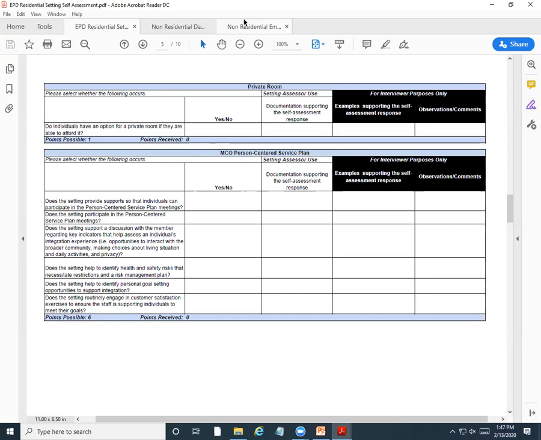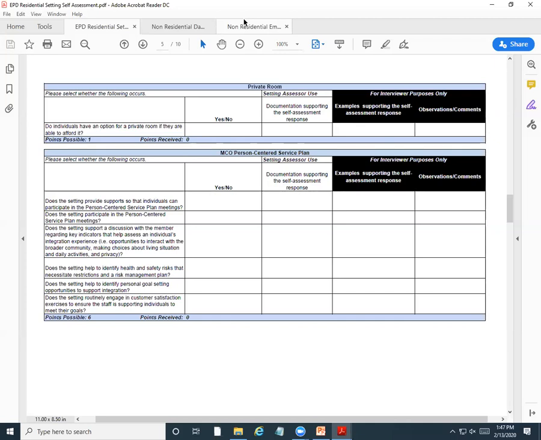So where you need to find those informal supports, this will be the team that could help you find those for that member. Does the setting help to identify health and safety risks that necessitate restrictions in a risk management plan? We kind of touched on this. So for members that may need restrictions to these rights because of health and safety issues, these person-centered planning meetings are where that would happen with the member's involvement.